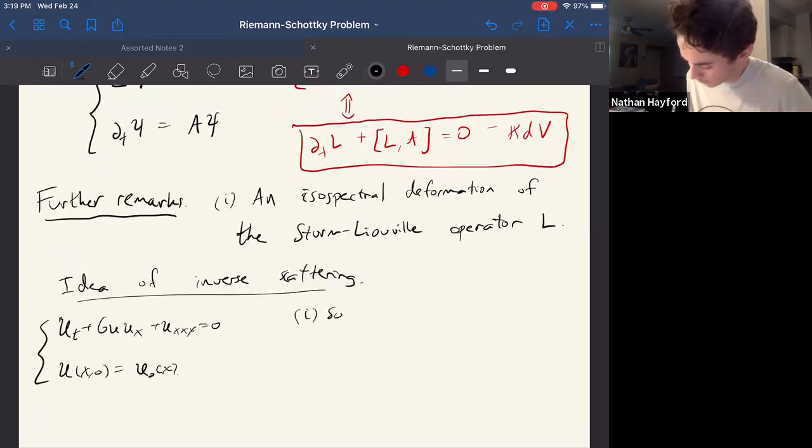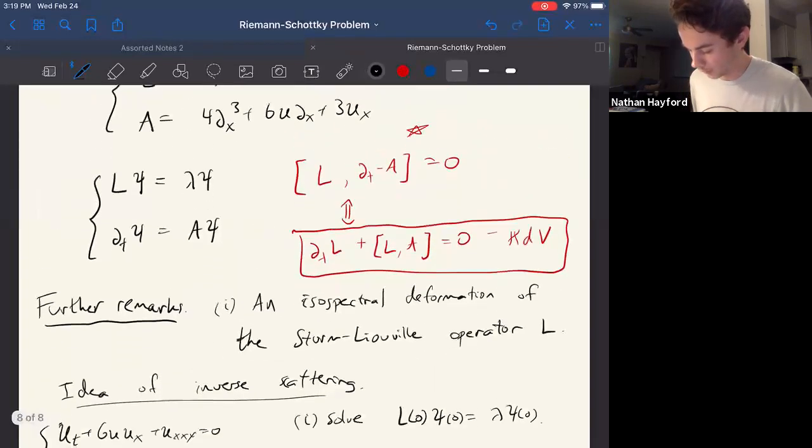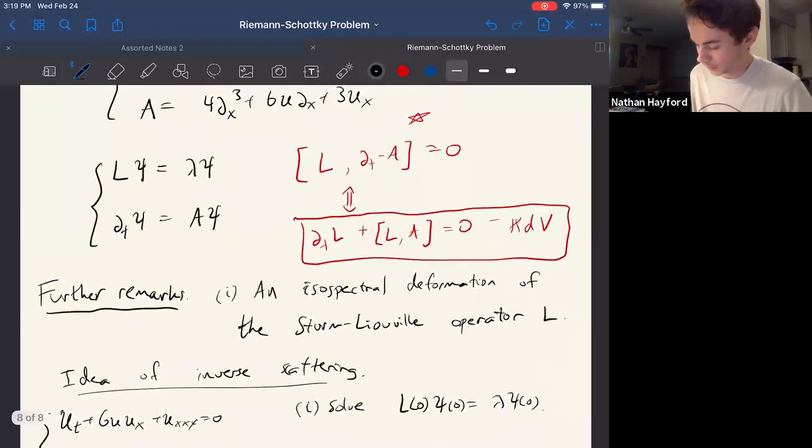First you solve the linear system L(0) psi(0) = lambda psi(0), for a given u, which is just solving a Sturm-Liouville problem.